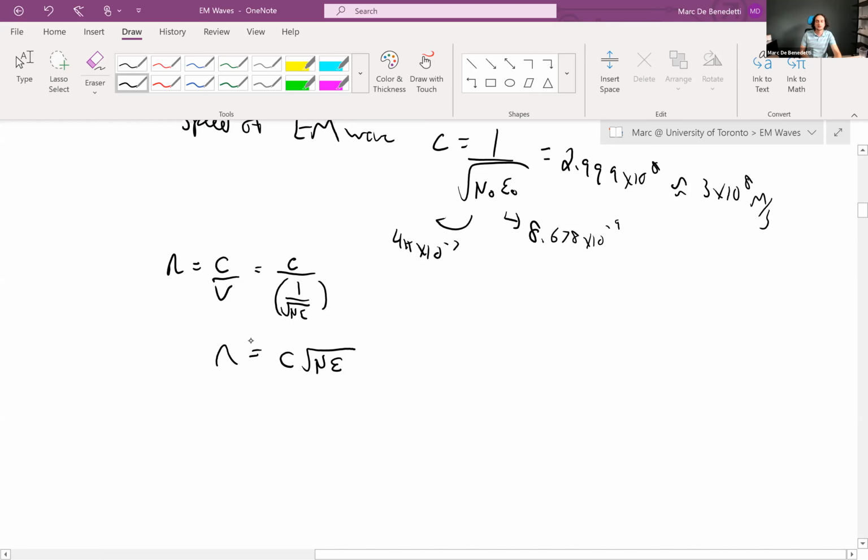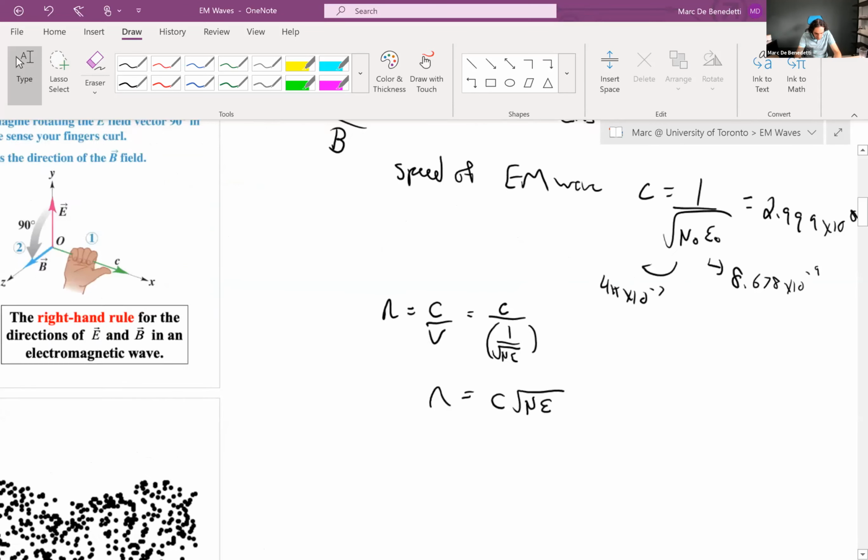So we can now calculate the index of refraction of a material without doing an experiment. All we need to know is the permittivity of free space and the permeability of that material. As long as we have that, we don't need to do any experiments. We can inherently predict what the index of refraction of that material will be.